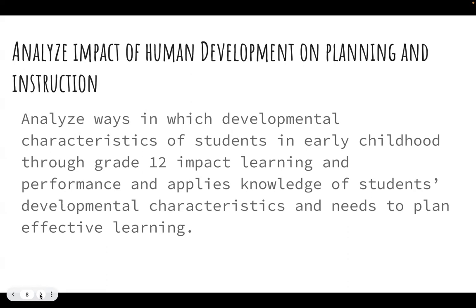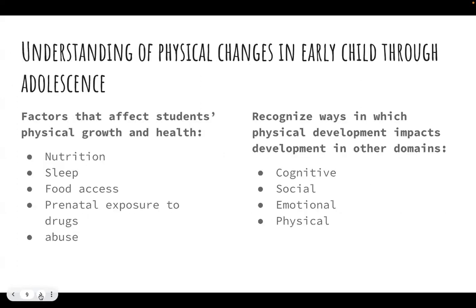For the purposes of this exam, if they tell you an age group or a grade level, they are trying to give you a hint. They're saying there is something developmentally aligned to this age group or grade level where you should be doing something because it will impact their learning or performance, by applying your knowledge of their needs in that area to promote effective learning.